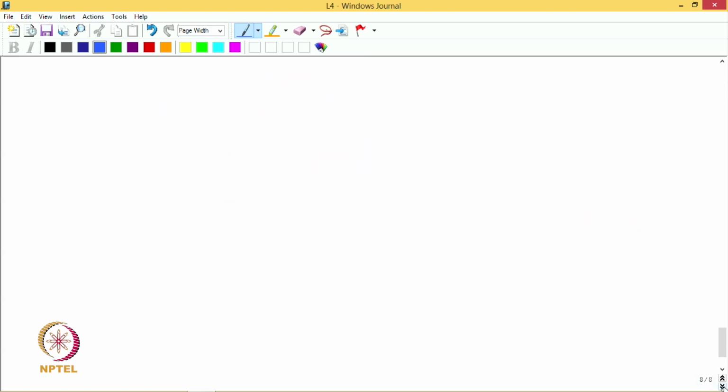Let us now look at the third case where zeta is less than 1, and this case is called a case of underdamped system. In this case, if you look at the roots S1, S2, the roots are minus zeta plus minus square root of zeta square minus 1 times omega n.